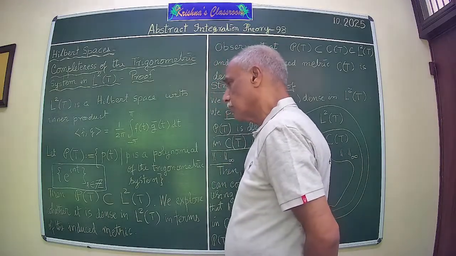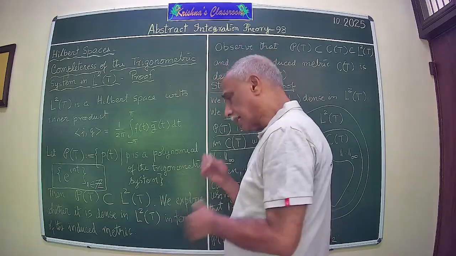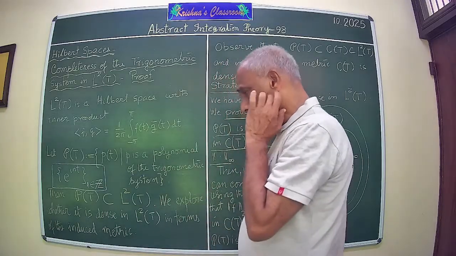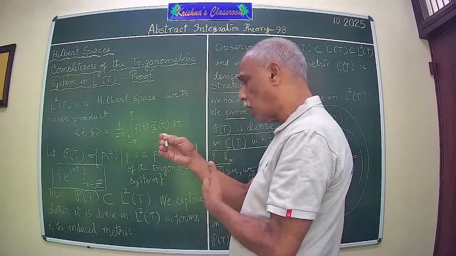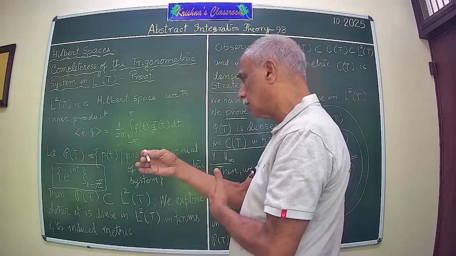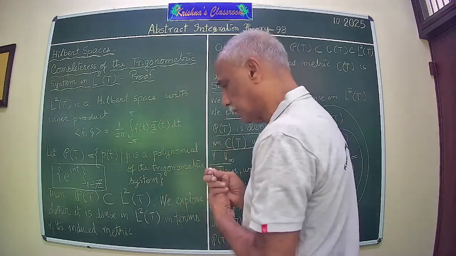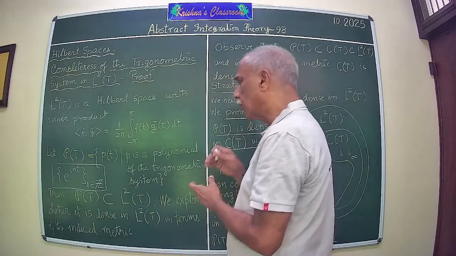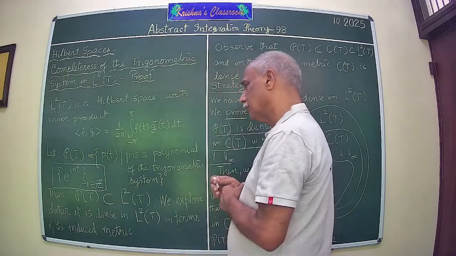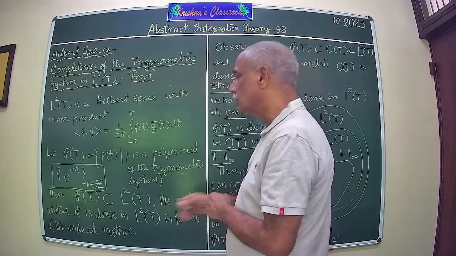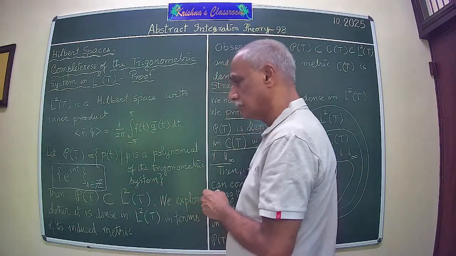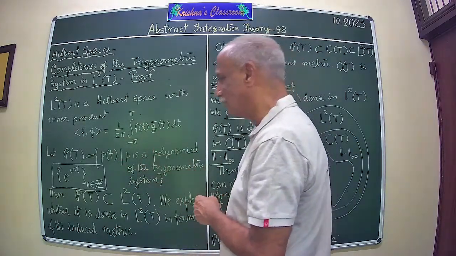And here we use the characterization. The completeness of the trigonometric system, that is e to the power int in L2(T), is if and only if the system is maximal. Oh, sorry, that's the definition.